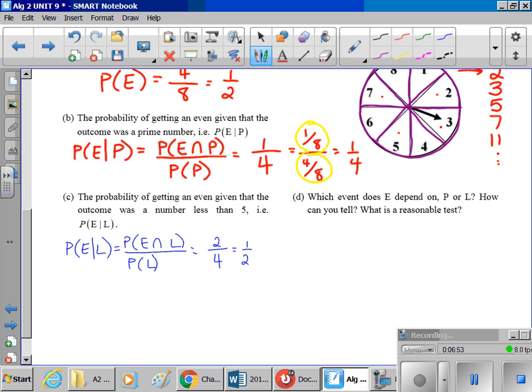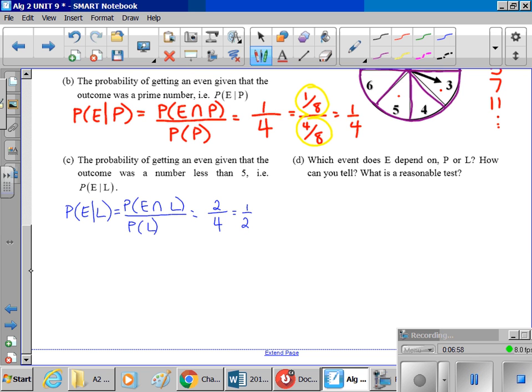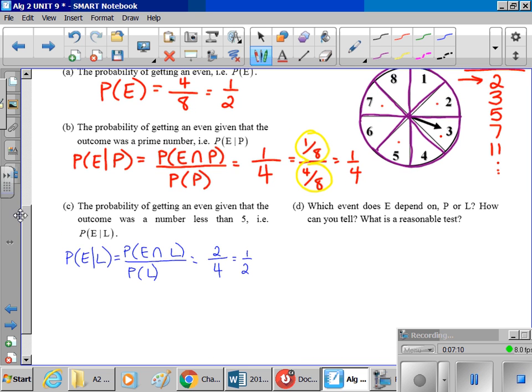So D says, which event does E depend on, P or L? How can you tell what is a reasonable test? All right, so the first one is the probability of, actually I want to keep that last one up there too, because we have the probability right here. Here are the important numbers we have.